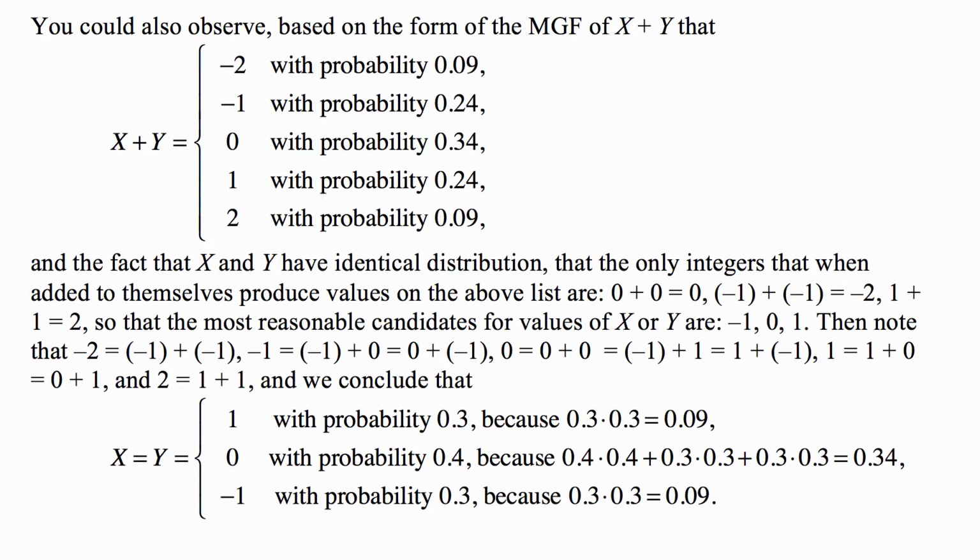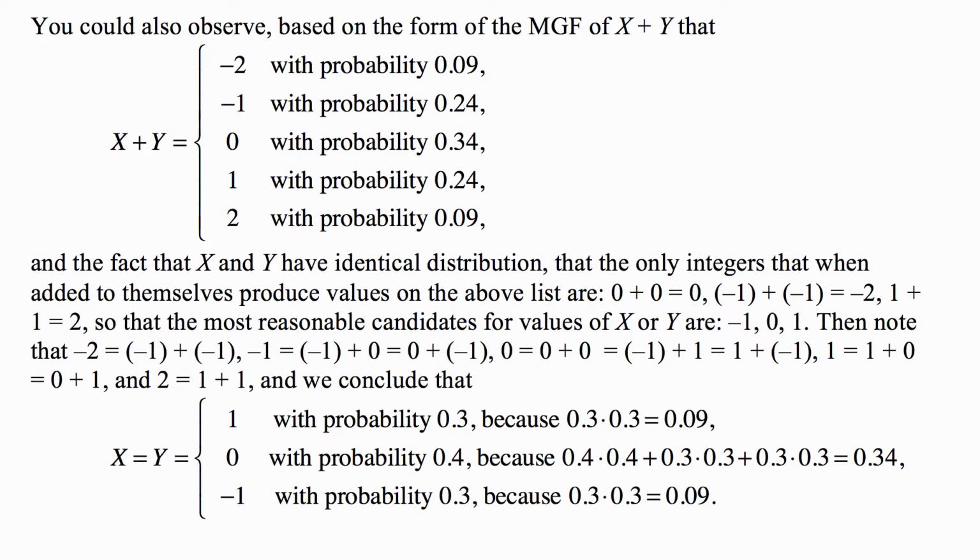And we know, in fact, that x and y have identical distribution, and that the only integers that, when added to themselves, produce values on the above list are 0 plus 0 is 0, negative 1 plus negative 1 is negative 2, 1 plus 1 is 2. So the most reasonable candidates for the values of x and y are negative 1 and 0 and 1.